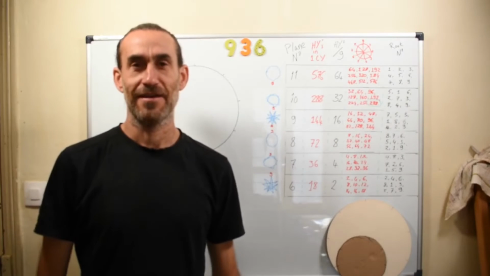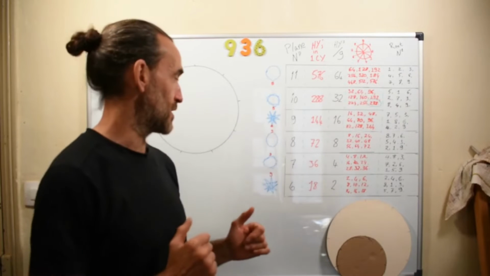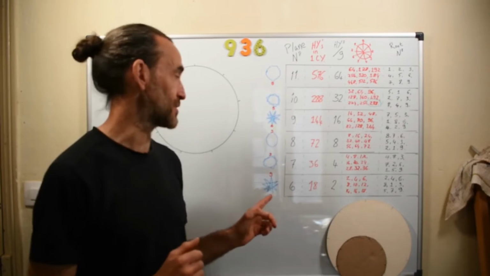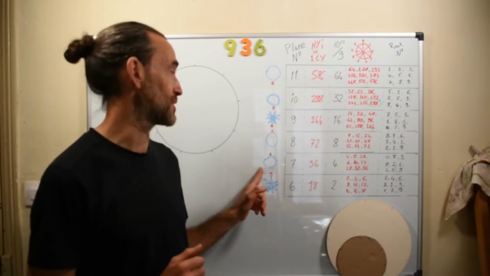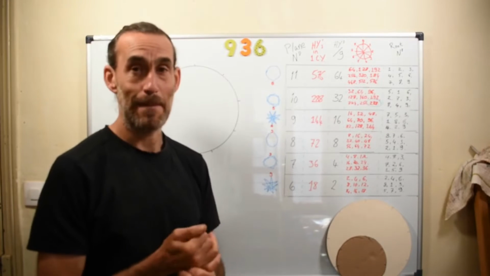Hi there. So in the last video we were looking at the different geometric forms. That was the regular 9-pointed star, the expanded 9-pointed star, and the enogon, the 9-pointed polygon.